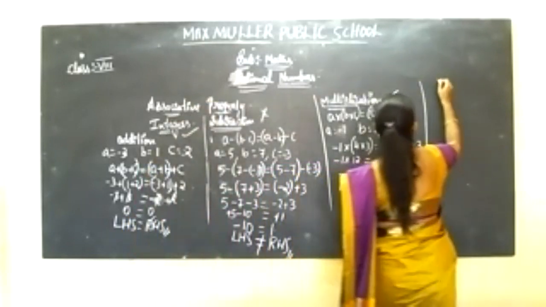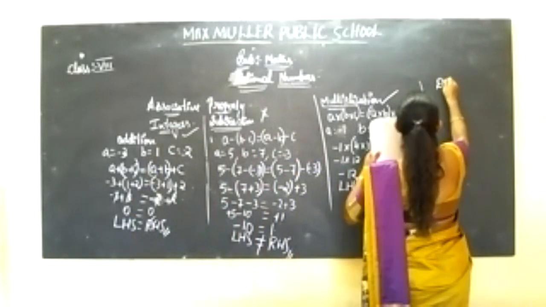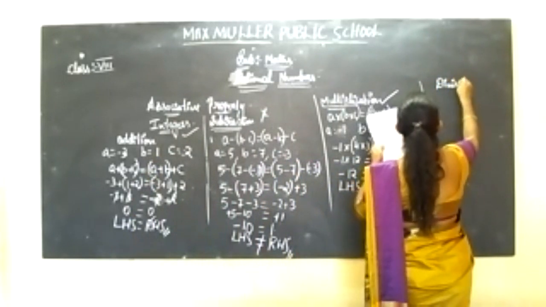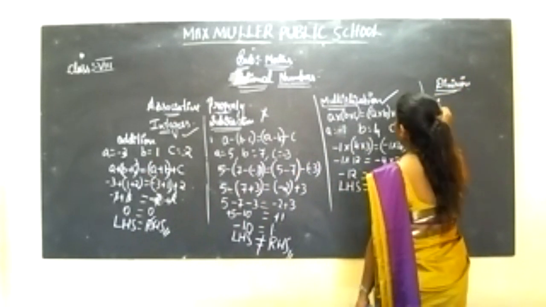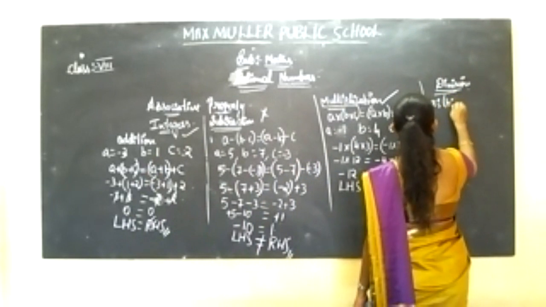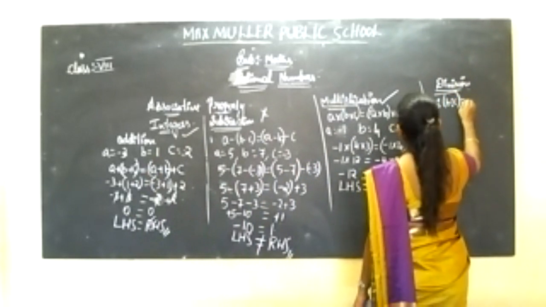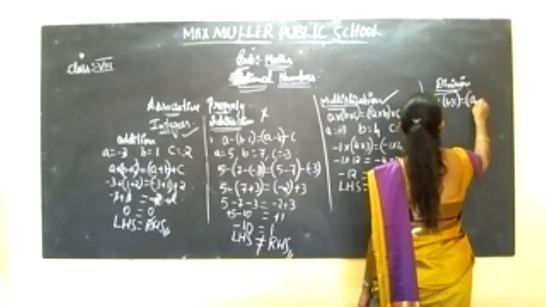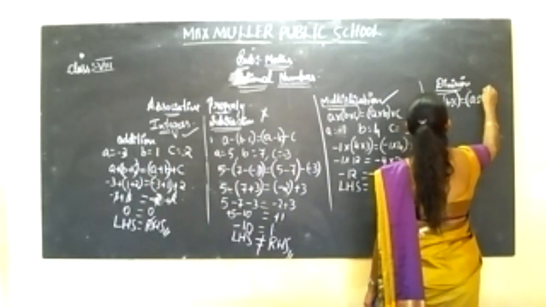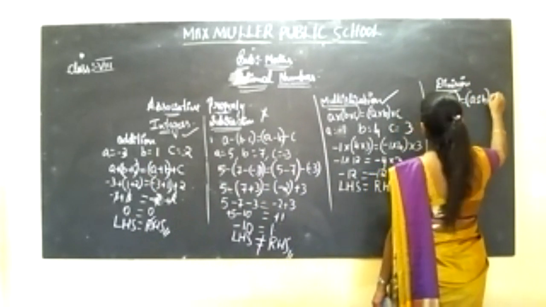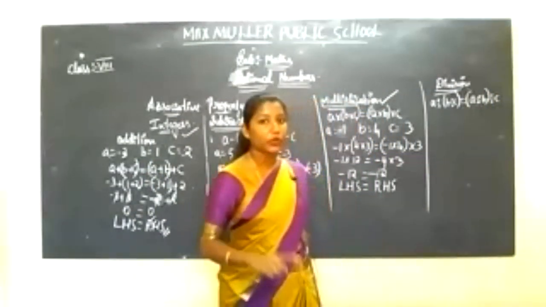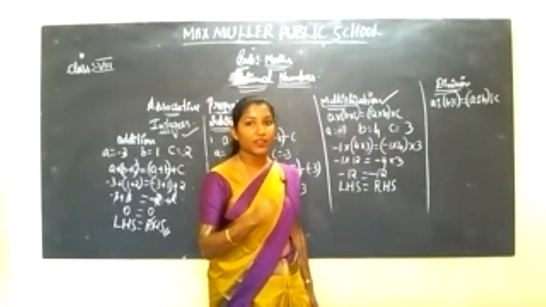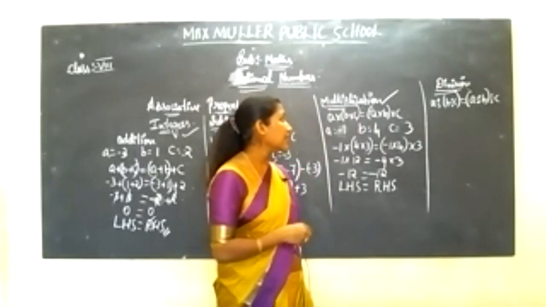Now next coming to division. You all know A divided by B divided by C is equal to A divided by B divided by C. This is what you have to take for associative property under division.